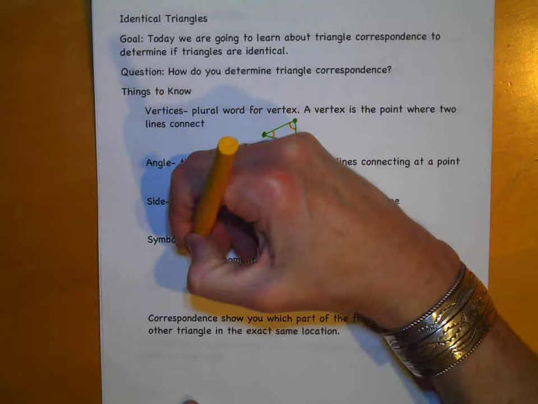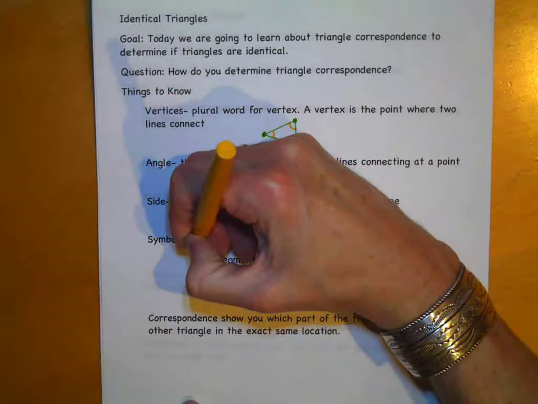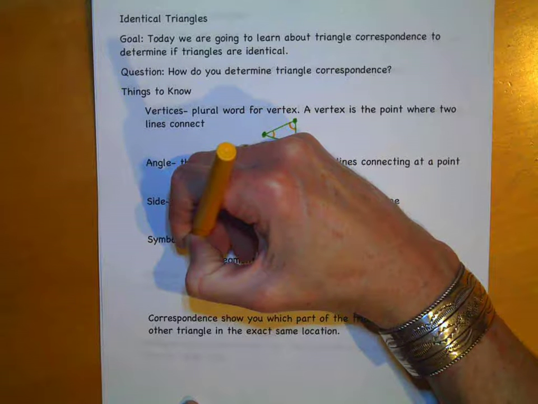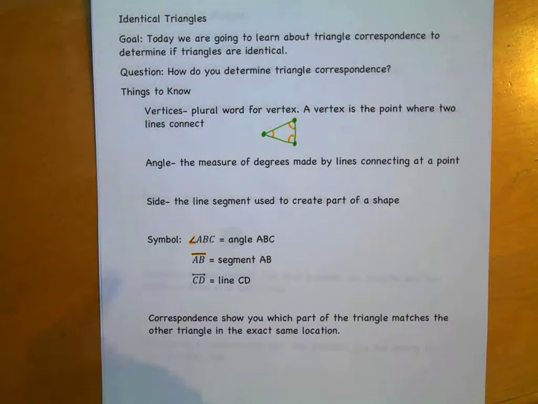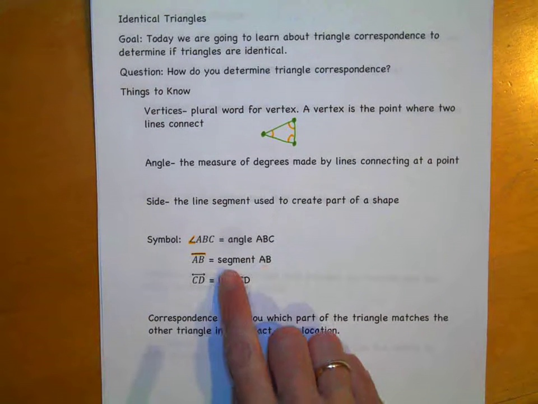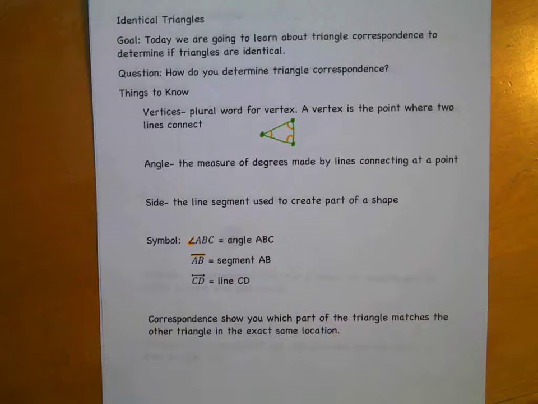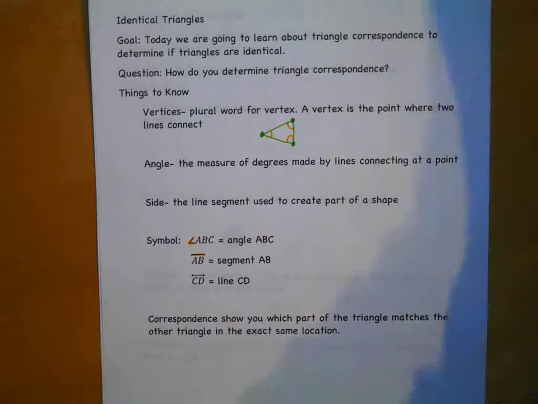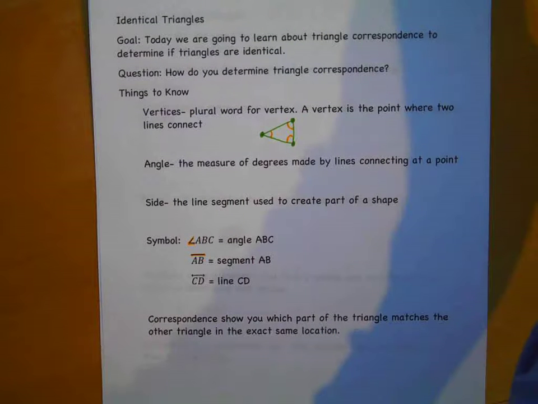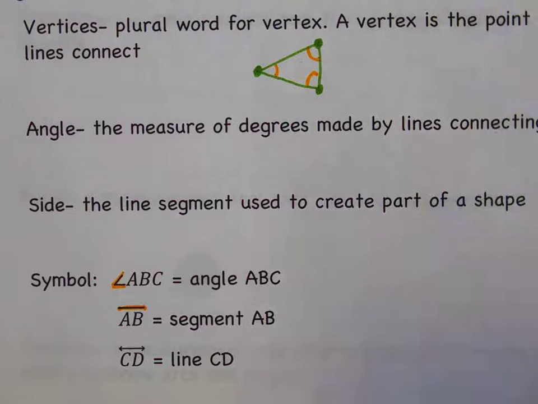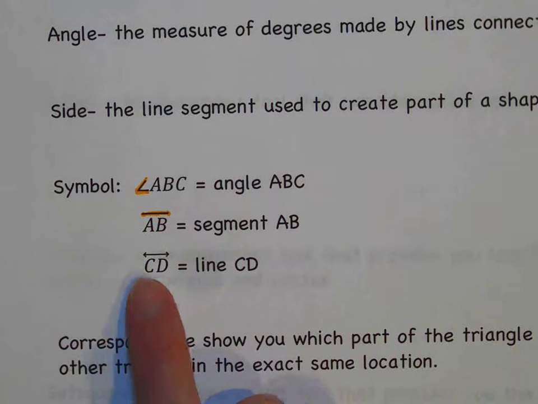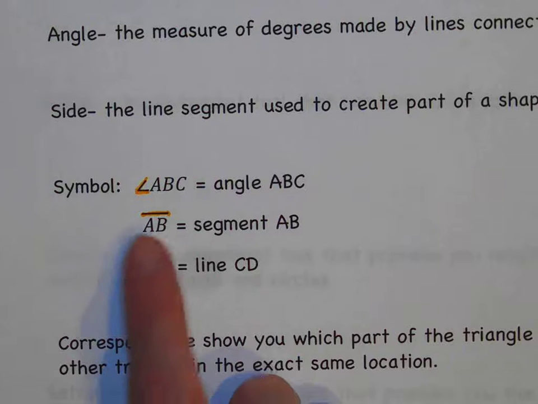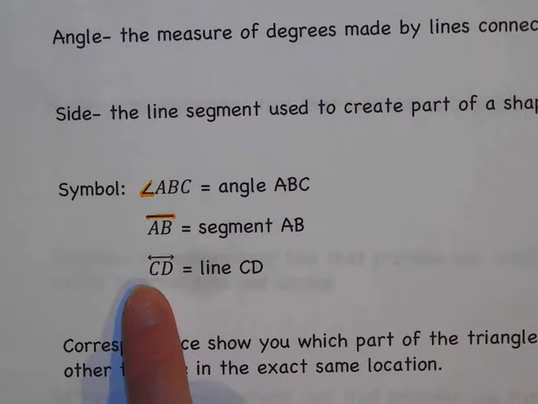This other symbol that is very important is called a segment. When you have a straight line with a bar across the top of two letters, you're talking about segment AB. If you'll notice the difference between segment AB and line CD, let me zoom in. Line CD has arrows on both ends. Segments have two points, one on each end.